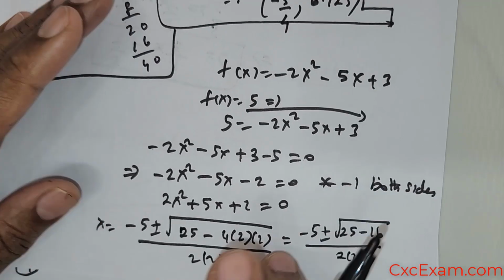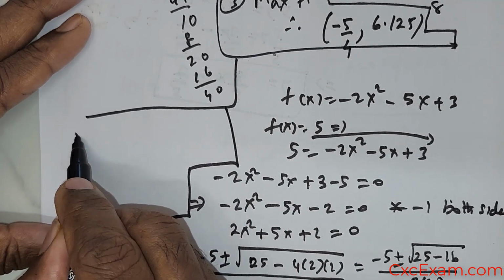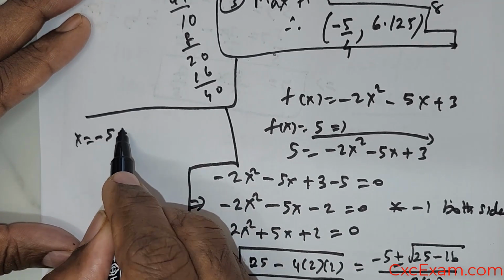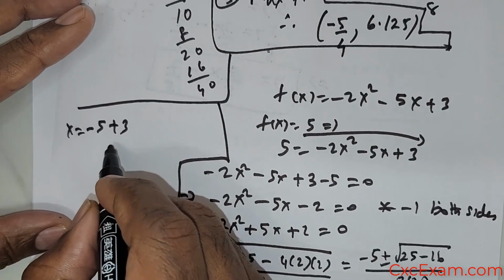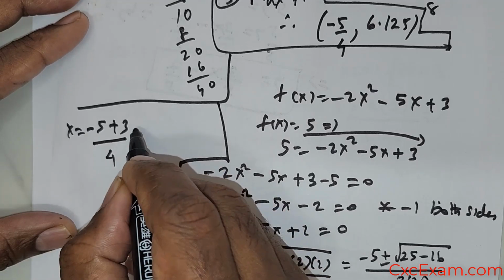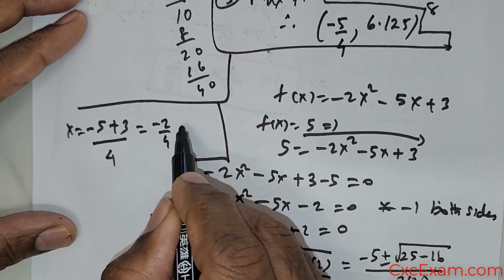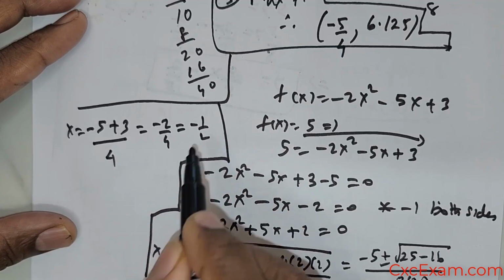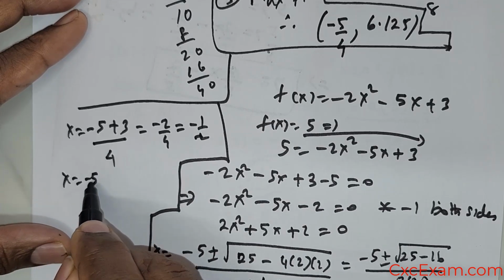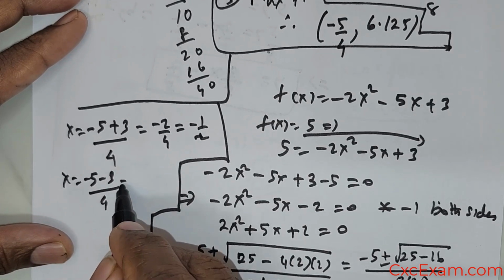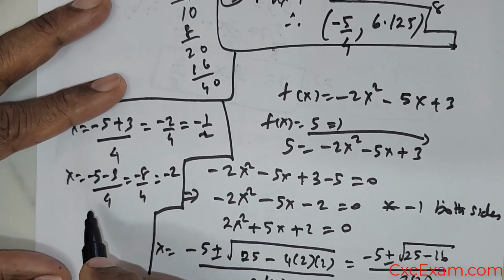This is going to give you 9. I want to complete this over here. So therefore x is equal to negative 5 positive 3, since it is 9, square root of 9 is 3, divided by 4. This is going to give you negative 2 over 4, which is equal to negative 1 over 2. That is one value. Then x is equal to negative 5 negative 3 divided by 4, which is negative 8 over 4, which is negative 2.